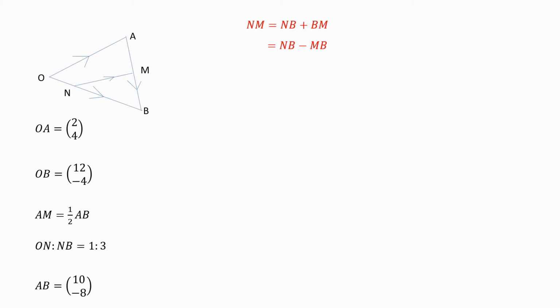We have ON to NB is 1 to 3. So that means NB is 3 over 4, the total ratio of OB, and since AM is a half AB, it means MB is a half AB as well. So that means NM is 3 over 4 OB minus a half AB. We substitute, we have 3 over 4 into 12, negative 4, minus 1 over 2 of 10, negative 8.